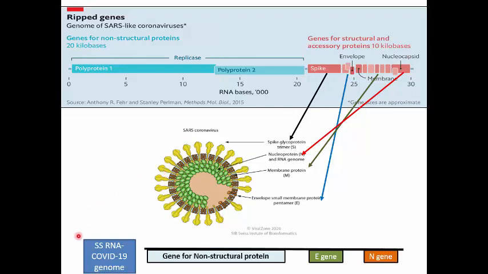I have just made a diagrammatic overview of the whole genome. This is the non-structural protein, and these are the genes for the envelope protein and the nucleocapsid protein, against which the kit has formed the probe. I am not including the spike protein and membrane protein. I have just included the E gene and N gene, against which the kit has produced the probes.